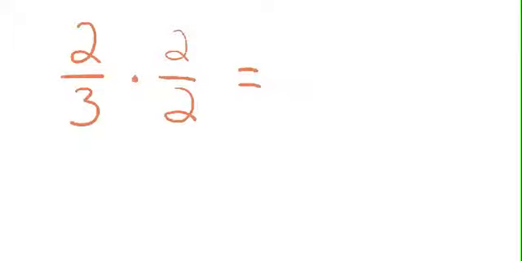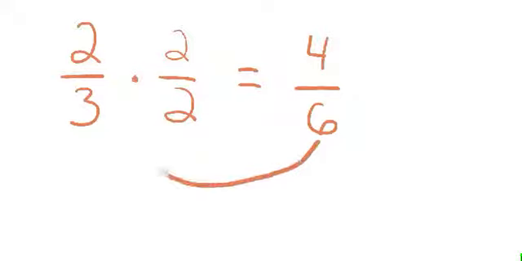2/3 times 2 over 2 is the same thing as 2/3 times 1. The way it looks different is I'll multiply across the top and get 4 over 6. Now this 4 over 6 is a not simplified fraction. The goal of simplifying is to go from this not simplified fraction to this simplified fraction.